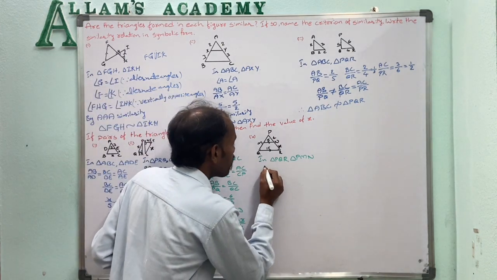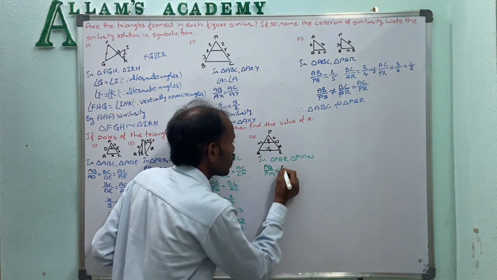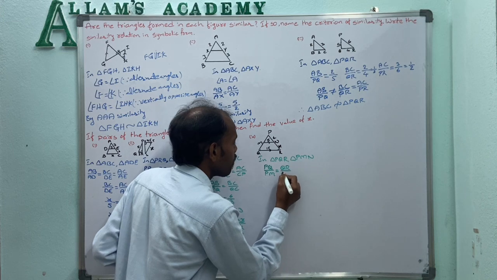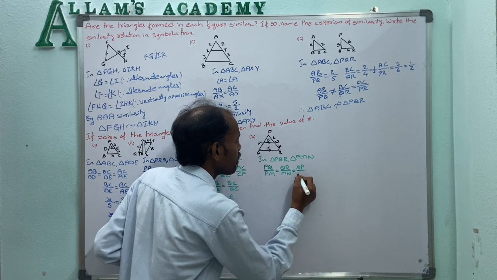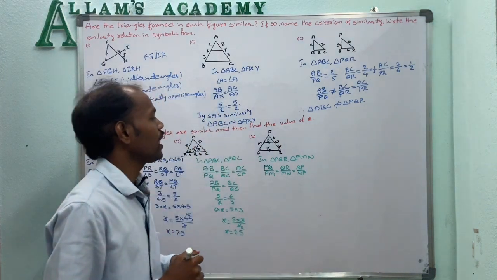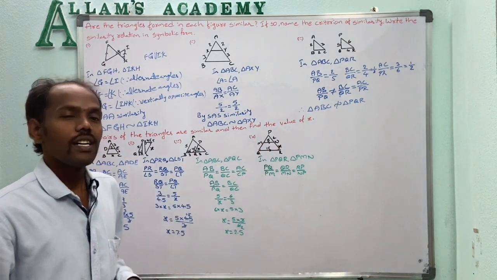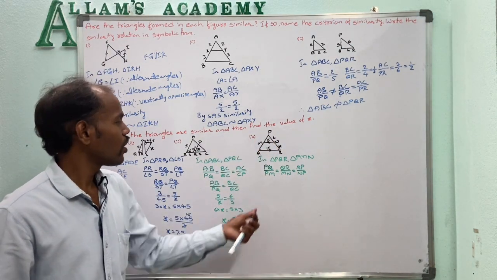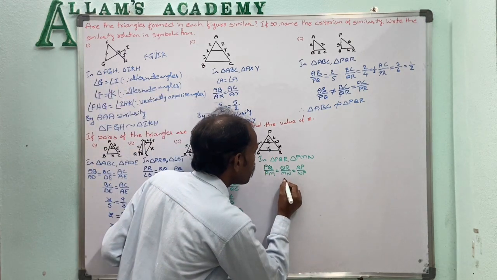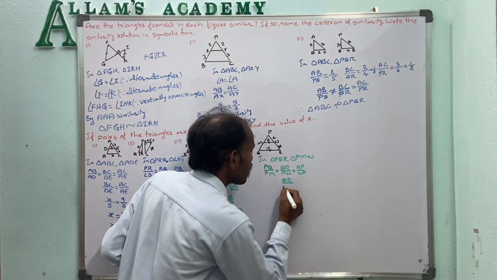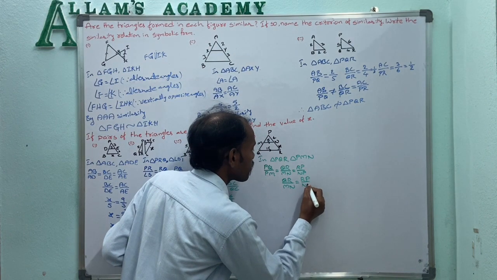PQ by PM equal to QR by MN, that equal to RP by NP. Here the PQ and PM side lengths are not given, so leave that one and take the remaining ratios, QR by MN equal to RP by NP.